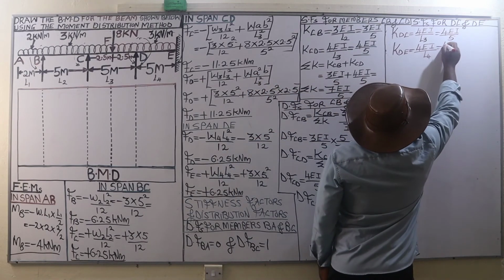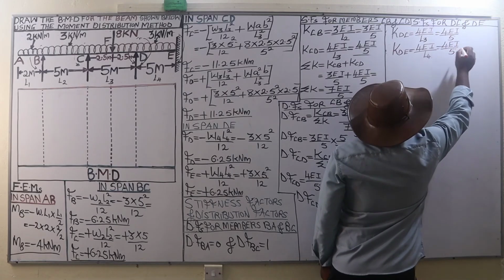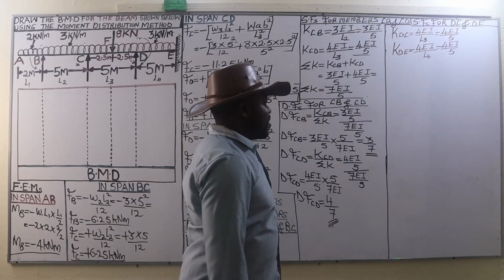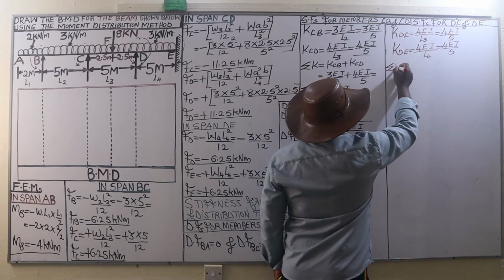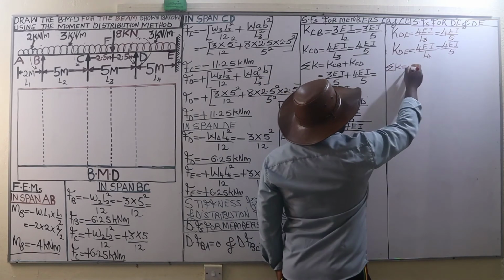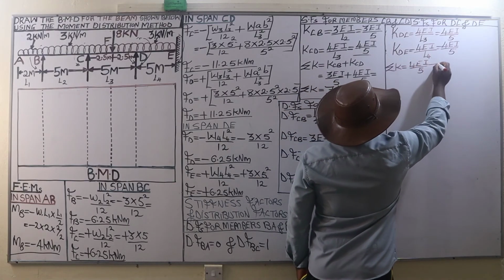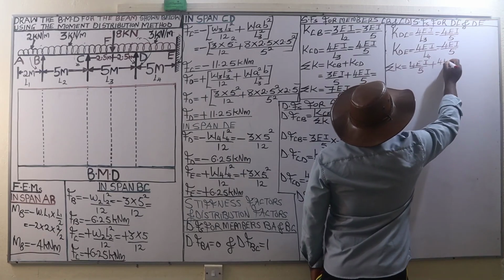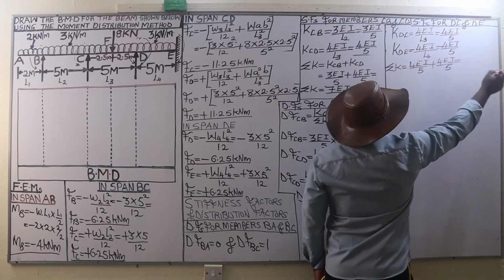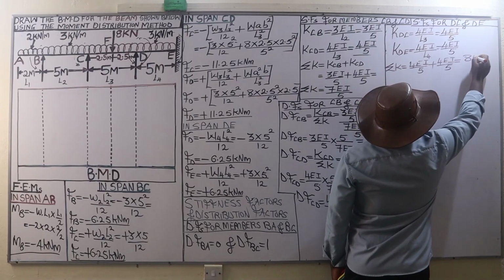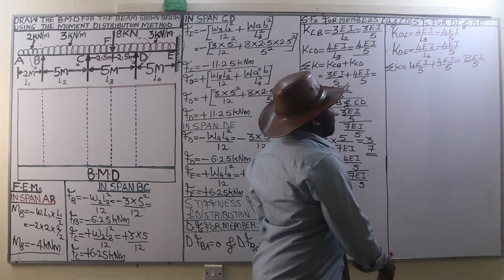And this will also be equivalent to 4EI divided by 5. Then the summation of the stiffness factors for those two members will be 4EI divided by 5 plus 4EI divided by 5, which will be equivalent to 8EI divided by 5.